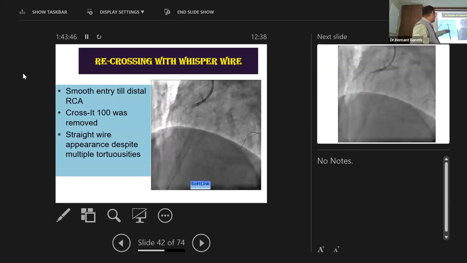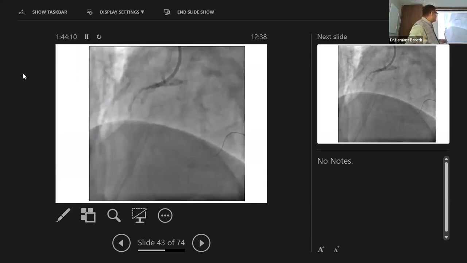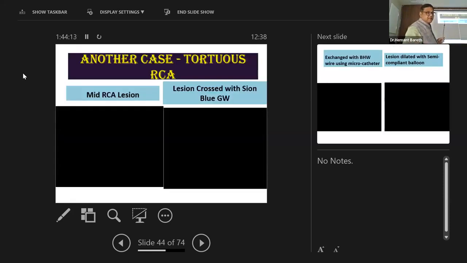But the problem is, once you put this wire, multiple tortuosities and those kind of things appear, and it started causing problems to the patient. So ultimately, the wire was removed, and then another wire was used, which was a lower support wire. It was exchanged by microcatheter and a lower support wire was passed, and then finally the procedure was done. So this is that wire and finally the procedure.